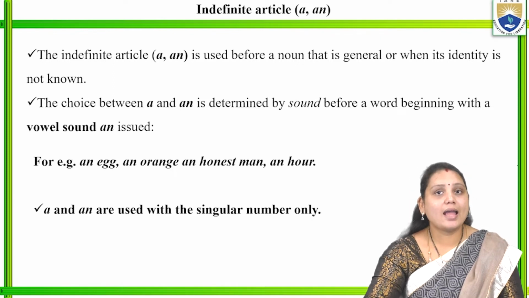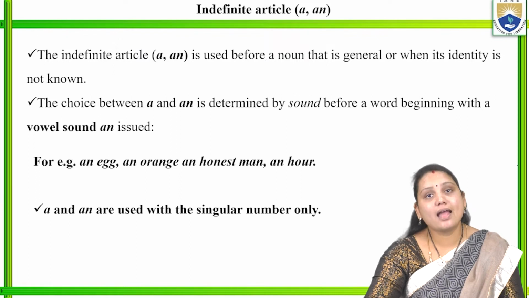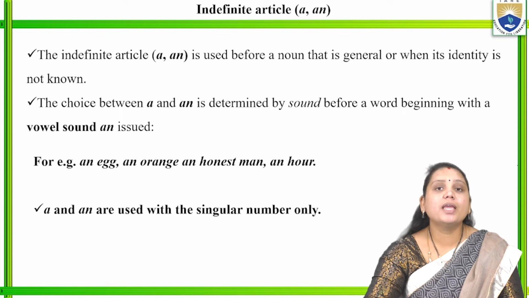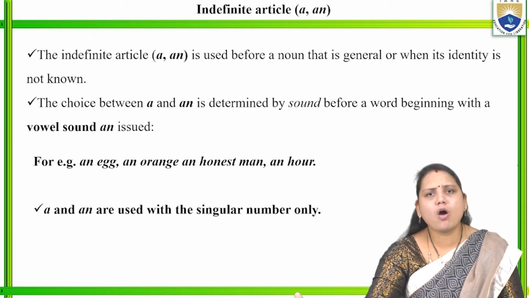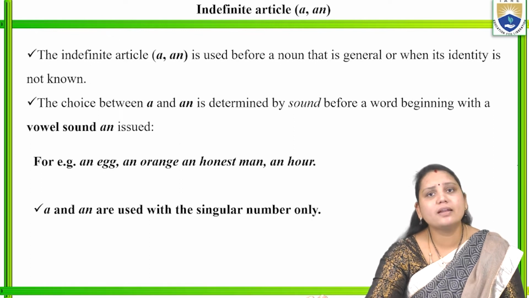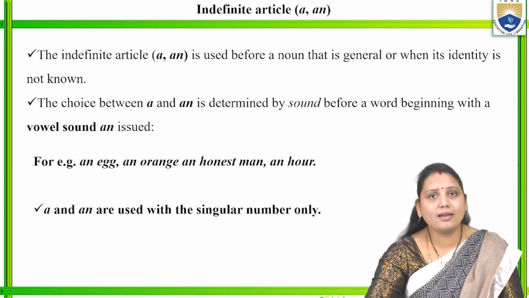Next, 'a' and 'an'. These are the two indefinite articles which can be used to mention the common things. We are not making any special reference while using 'a' and 'an'. Let us see them in detail.